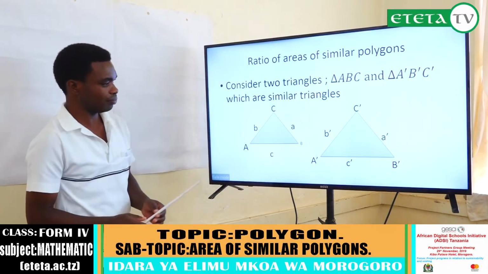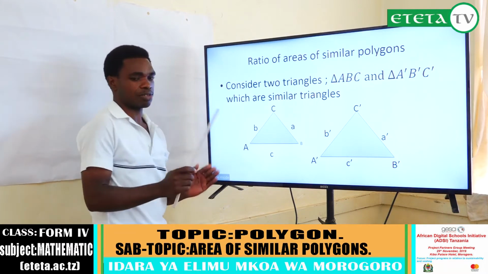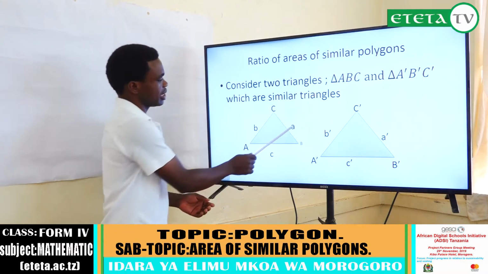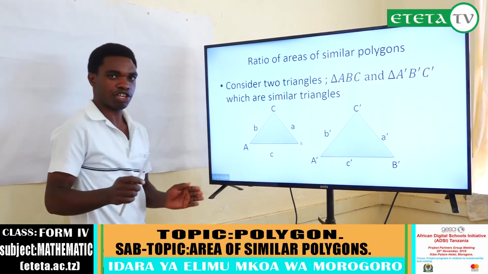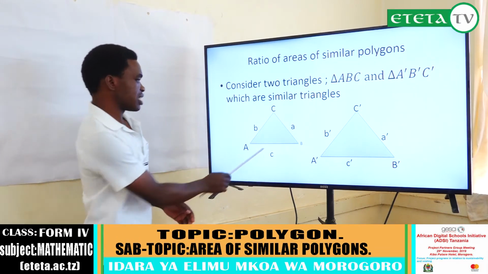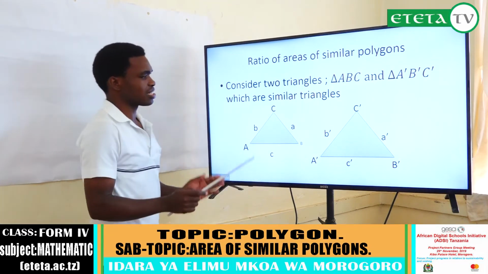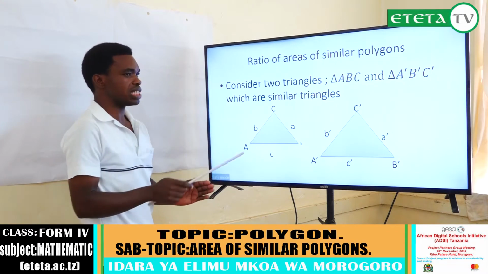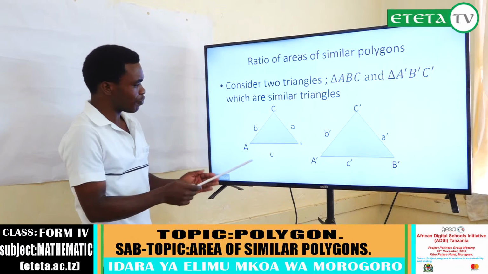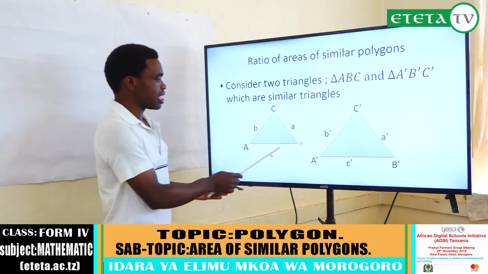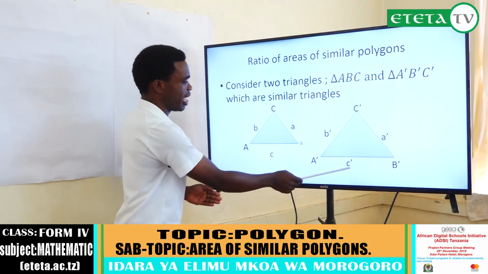Therefore, if we want to get the ratio of the corresponding sides, we take a over a dash, since we are dealing with corresponding sides, c and c dash, b and b dash. As you remember, ratio is the same as dividing. So the ratio is a over a dash, b over b dash, and c over c dash.